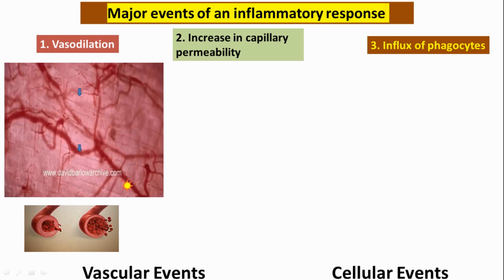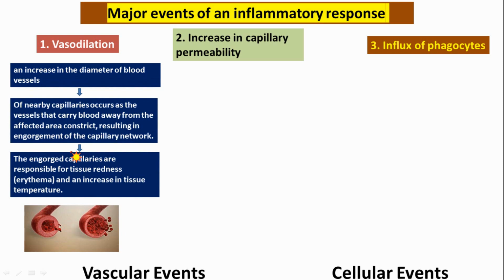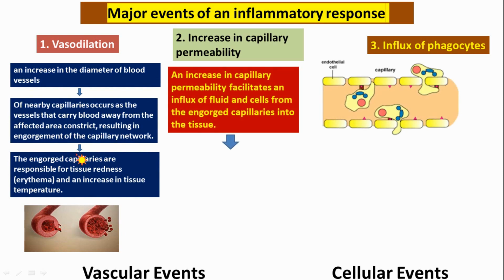Now in this figure you can see the vasodilation of the capillary. You can see it dilating, and now it is in the normal position. Now we will go to the second point, increase in capillary permeability. What happens because of that?